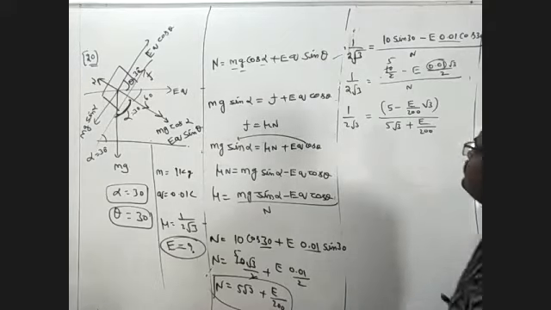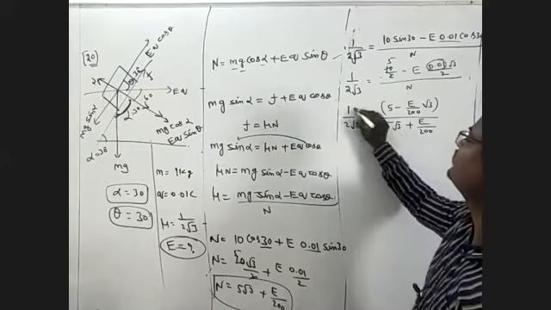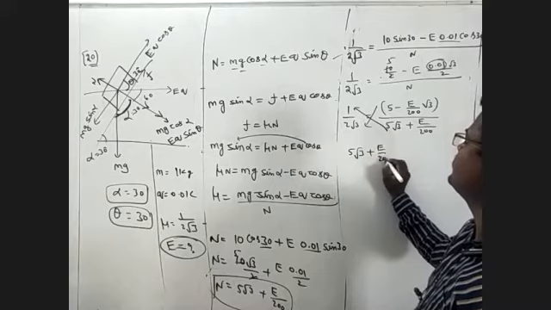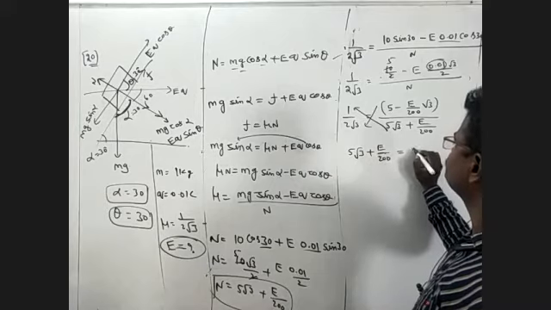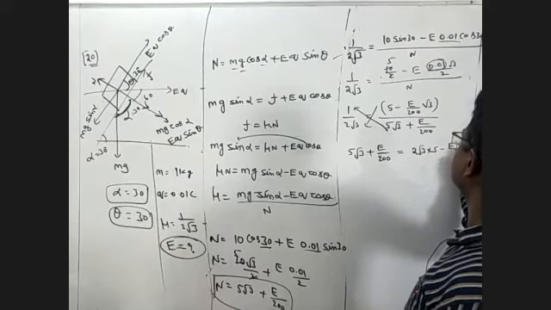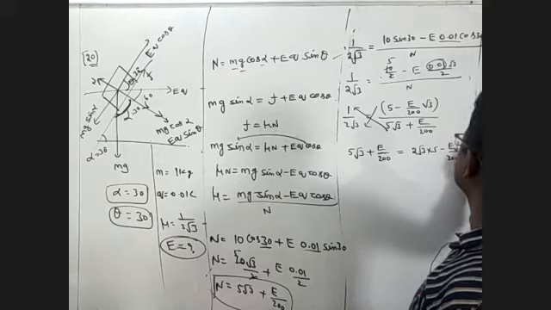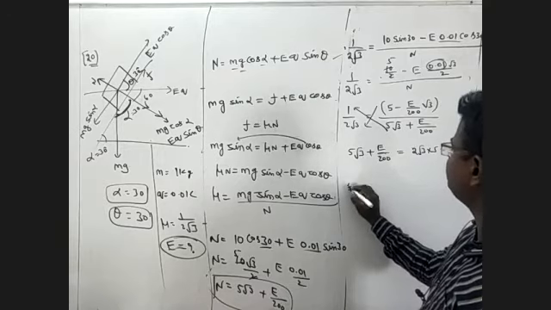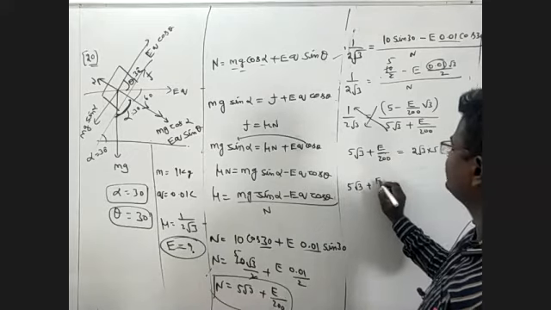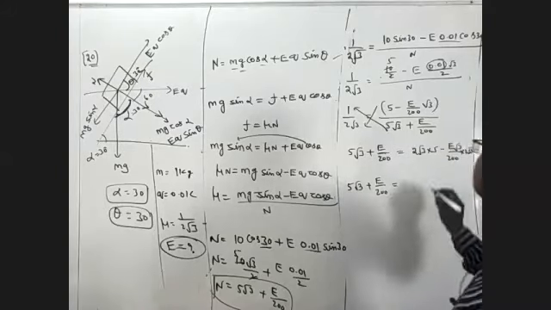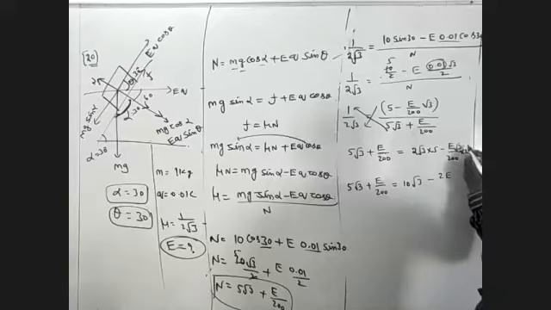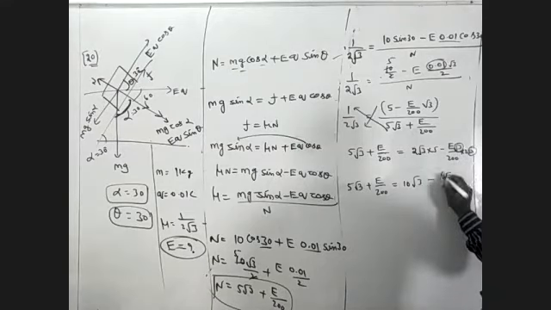Now we cross multiply. 5 root 3 plus E by 200 is equal to 2 root 3 into 5 minus E by 200 into root 3, so 5 root 3 plus E by 200 is equal to 10 root 3 minus 2E, with root 3 times root 3 giving 3, that is 6E by 200.